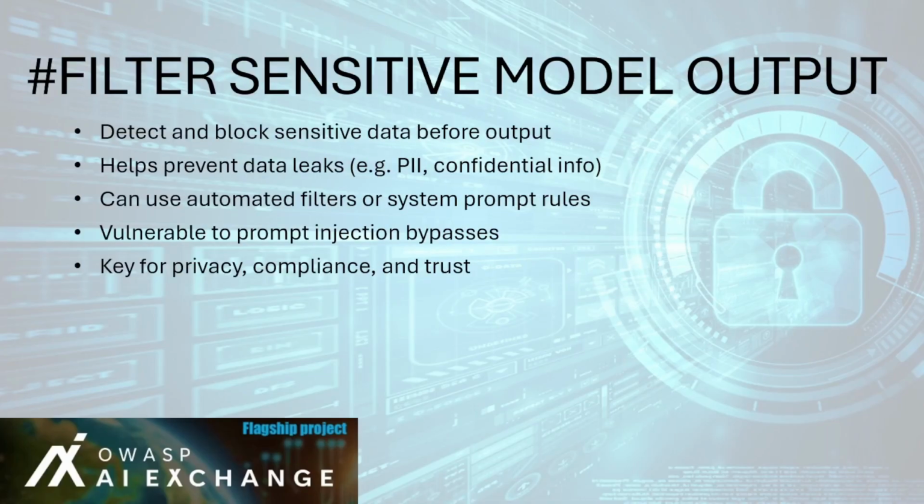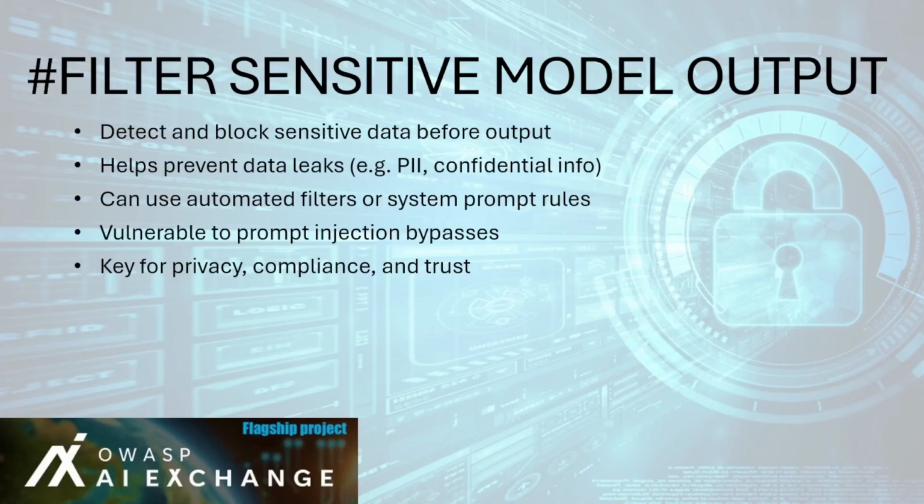This control focuses on censoring sensitive data in model outputs such as personal information, financial details, or company secrets. Filtering can be automated using pattern detection, for example, phone numbers or addresses, or built into the model via system prompts. The challenges are that filters can be bypassed by clever prompt injections, or over-filtering may impact model usefulness or context.